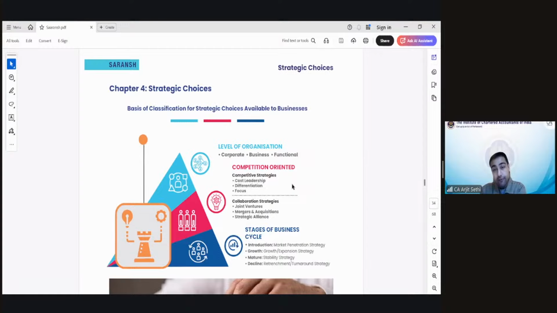For example, I keep giving this example because it's the most relevant to us: Tata Starbucks, then Jio Hotstar, Tata Sky, ICICI Lombard, ICICI Prudential. These are joint ventures, or these are strategic alliances.